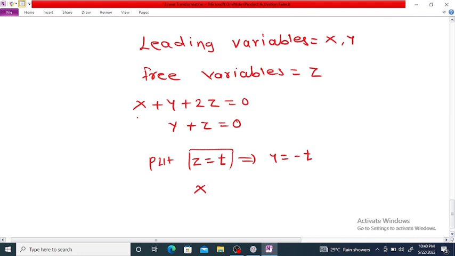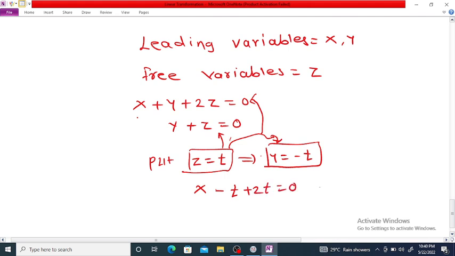If we substitute these two values in the first equation, we get x plus y, so x minus t plus 2t equal to 0. This implies x is equal to minus t.